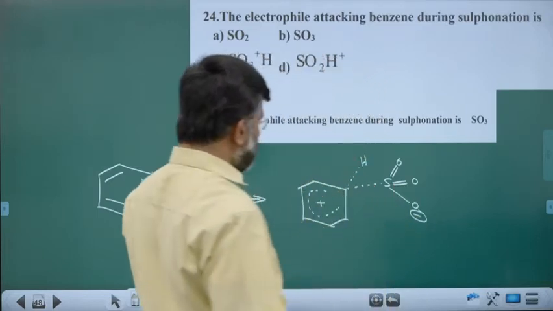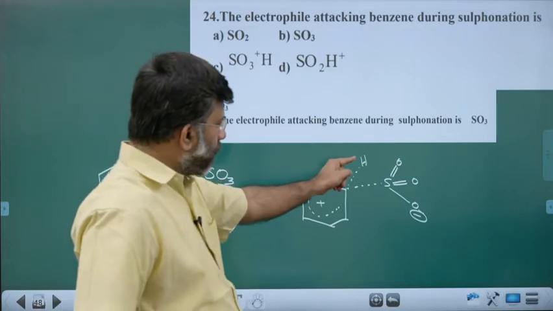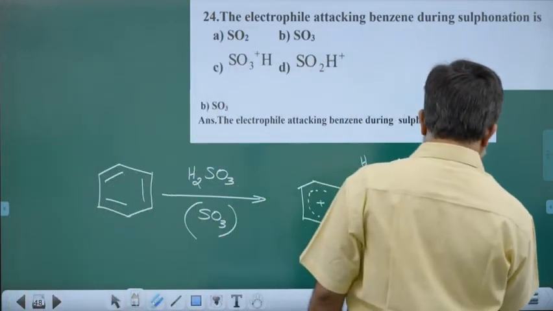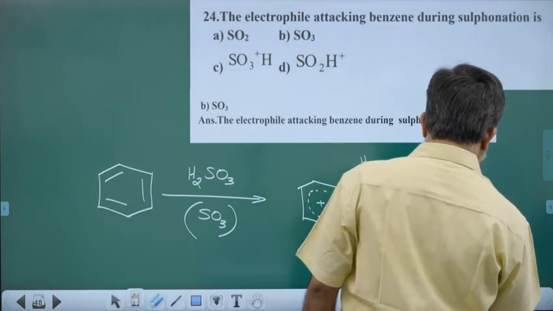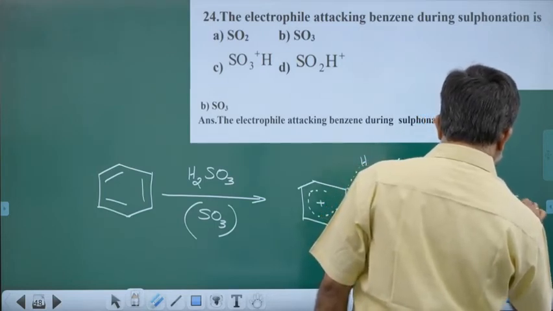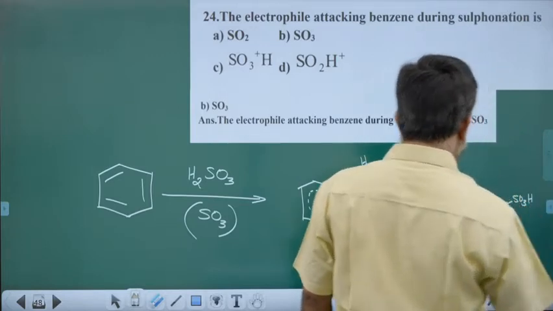You get it like this. Now this releasing proton may be accepted there to get the final product, and the final product is benzene sulfonic acid. You get SO3H, benzene sulfonic acid.